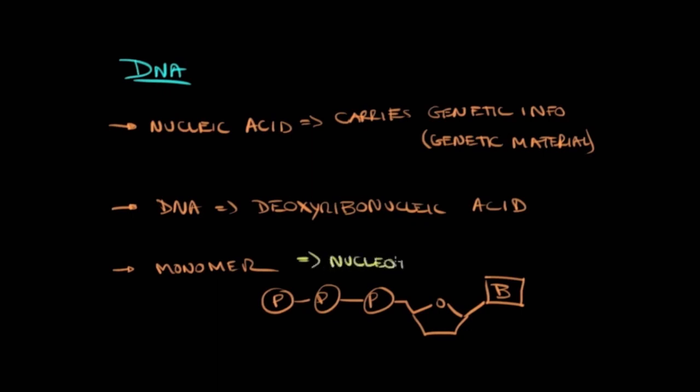Clearly, the nucleotide in DNA is different from the one you find in RNA, because the pentose, this sugar in the center, in DNA is 2-deoxyribose. Why 2-deoxyribose? Because here you have one less hydroxyl group. You only have a hydrogen, so one less oxygen, and it is in carbon number 2. That's why you have 2-deoxyribose.